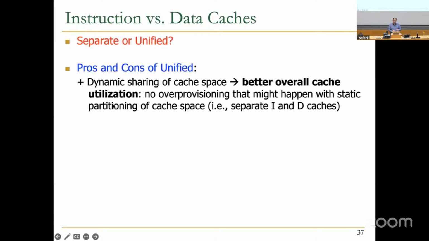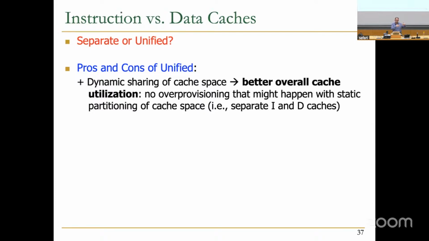Why am I saying that? Because when you have separate cache spaces, meaning you have an instruction cache and a data cache, for some specific program you might not benefit much from the capacity of the instruction cache, because your working set might not be that big. Similarly, for the data cache, there might be some application whose data footprint is not that huge.